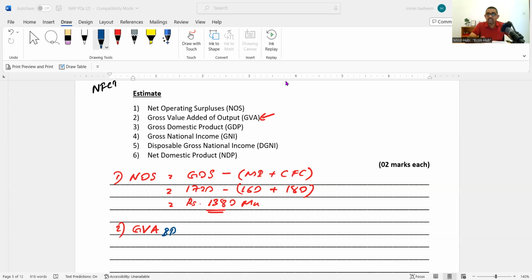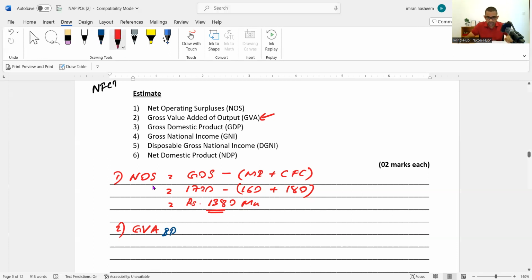If nothing is said, GVA, gross value added, is always at basic price. Always at what price? Basic price. Now we know this. From now onwards, you need to know. Okay, right.